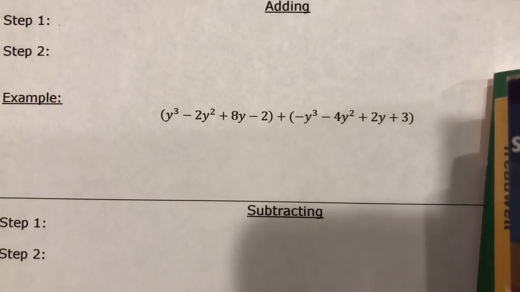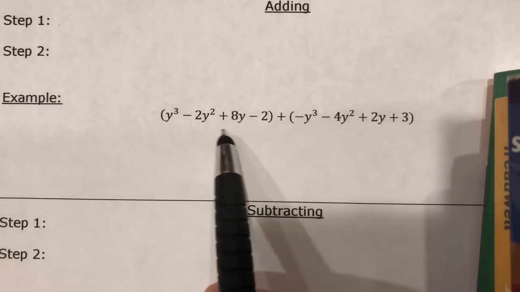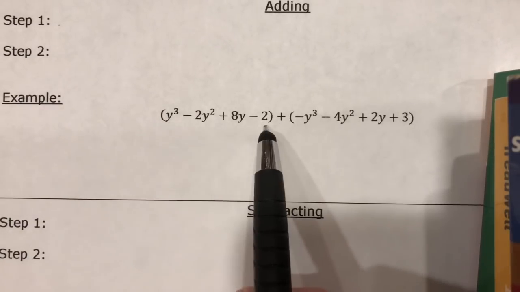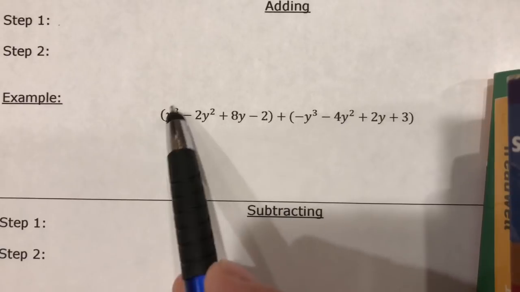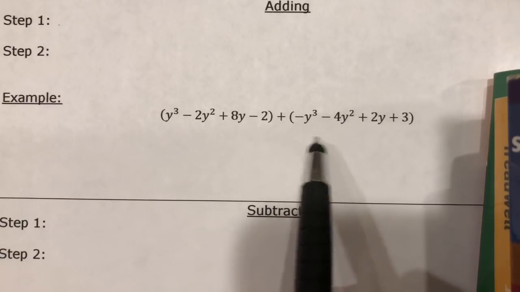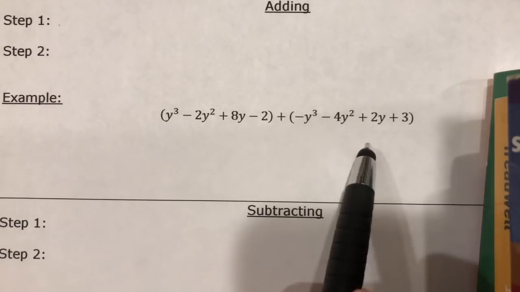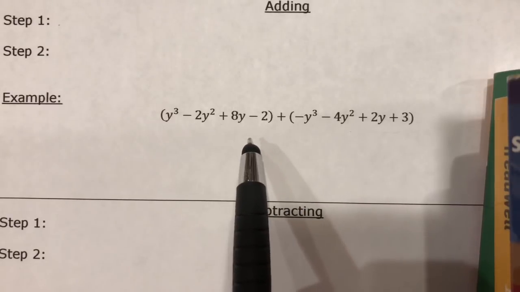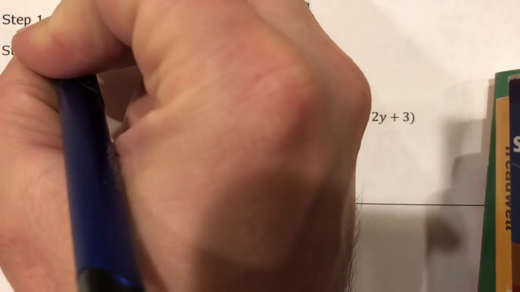All right, for adding polynomials together, so we have this third degree, so cubic polynomial here, being added to this cubic polynomial. What you want to do is collect like terms together.